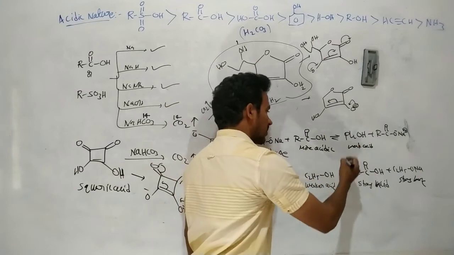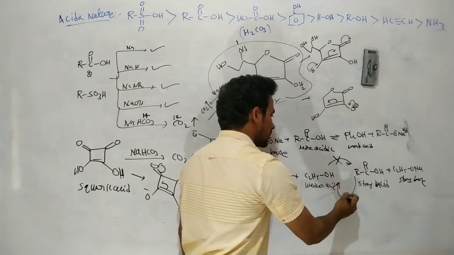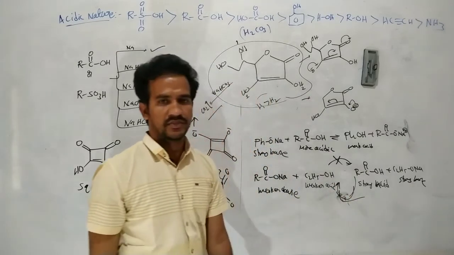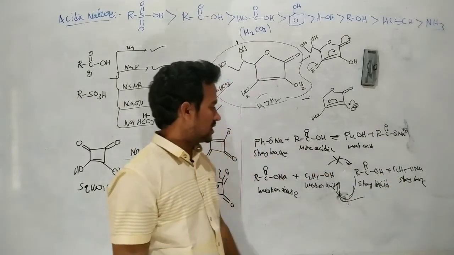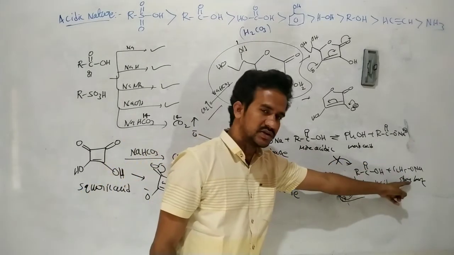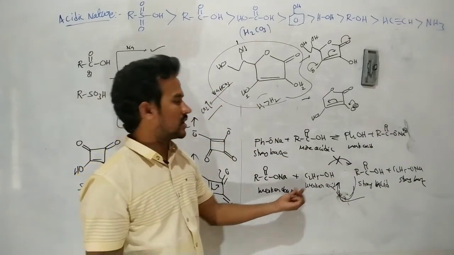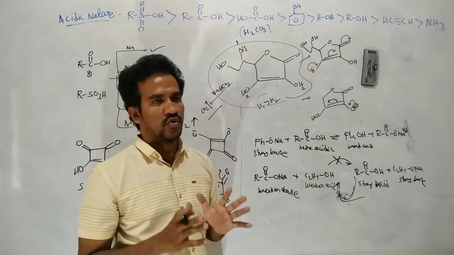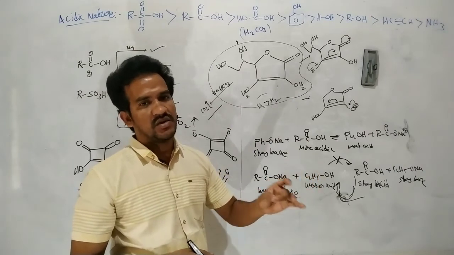So the forward reaction is not possible, but the backward reaction is possible, because alcohol is a weaker acid, so its conjugate base is a strong base. And this is a weaker base because carboxylic acid is a stronger acid. For an acid-base reaction, the most important point is that the product side acid must be weaker.